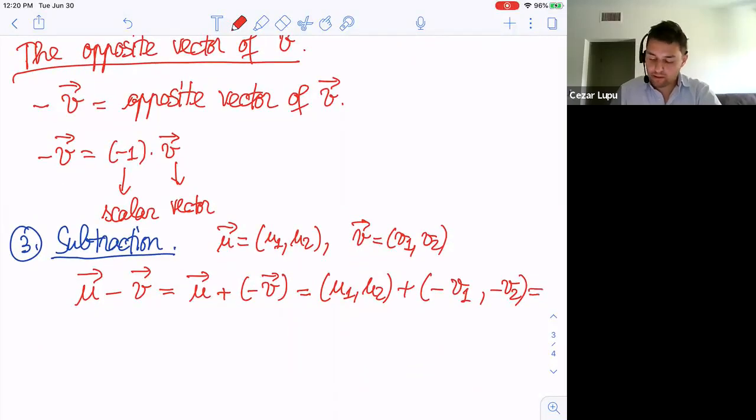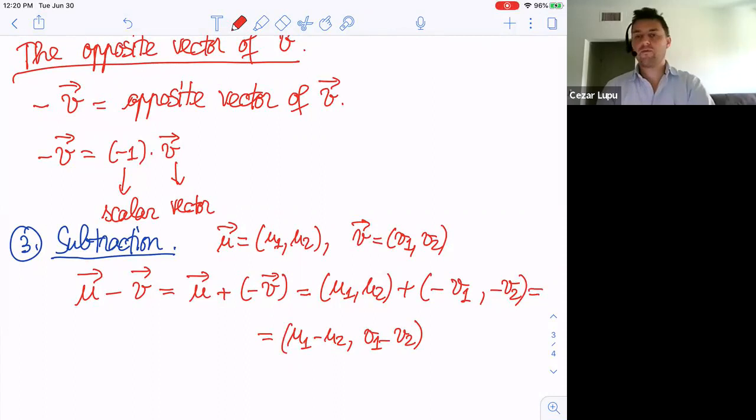So this will give us the vector u minus v, and its components will be (u1 minus v1, u2 minus v2). Okay, so that's the subtraction. The vector v is subtracted from u by adding the negative of v.